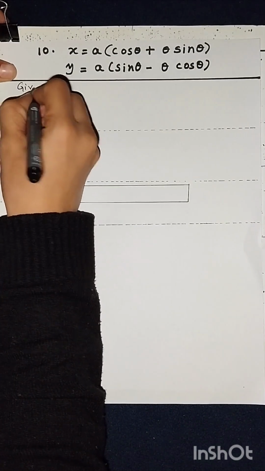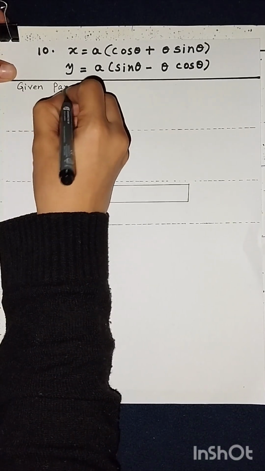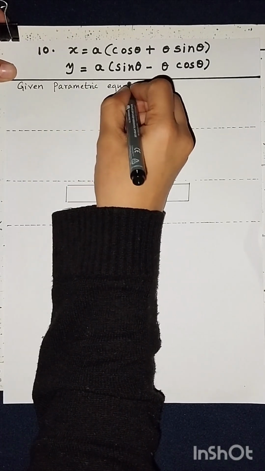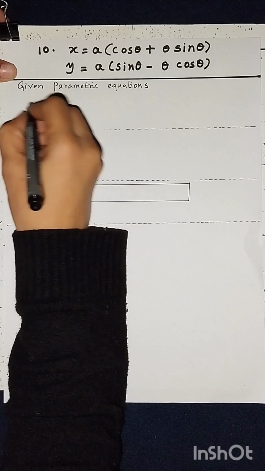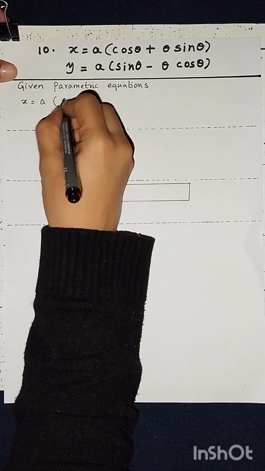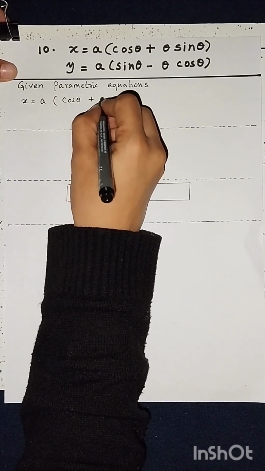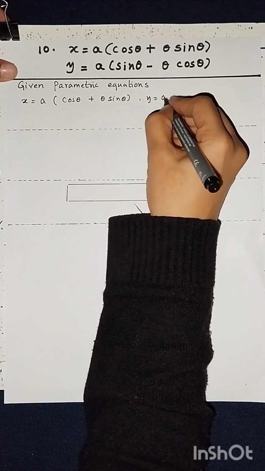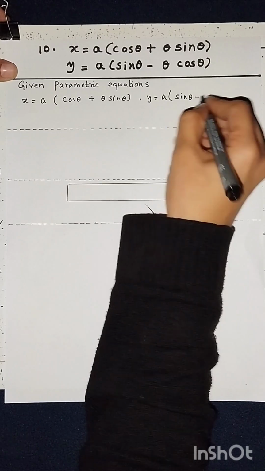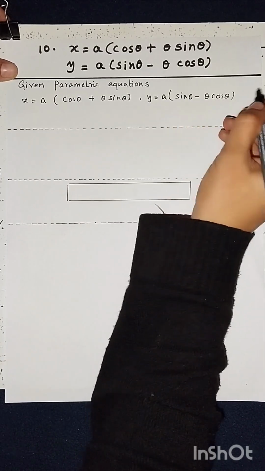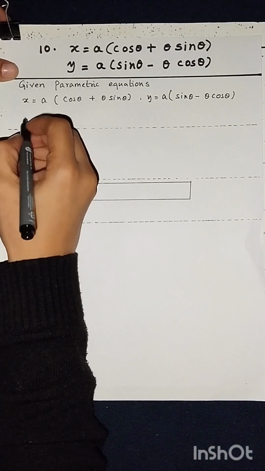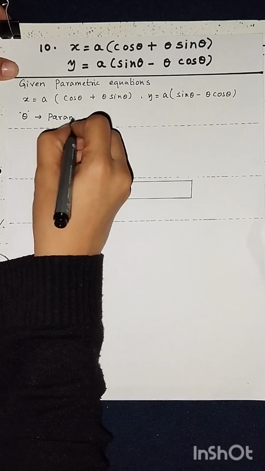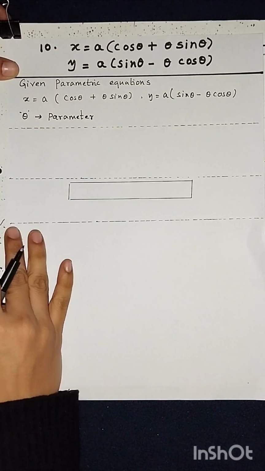Given parametric equations, x is equal to a into cos theta plus theta sin theta, y is equal to a into sin theta minus theta cos theta. So here theta is the parameter, right?